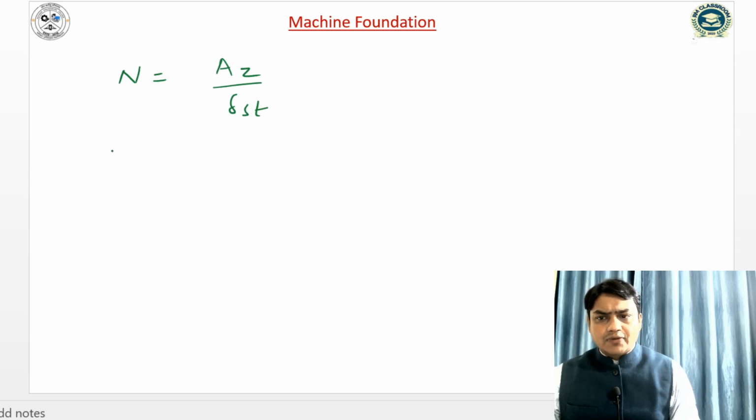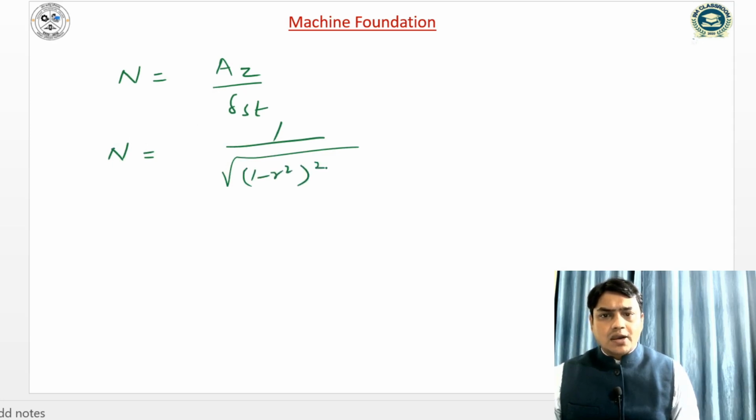Firstly we have to find n. n is equal to 1 by square root of 1 minus r square whole square plus twice eta r whole square. So firstly we have to find the frequency ratio.